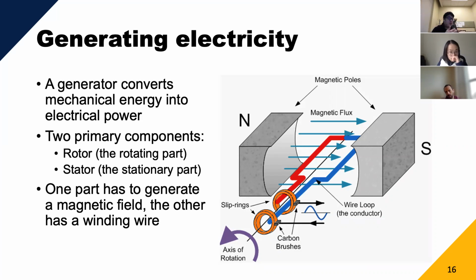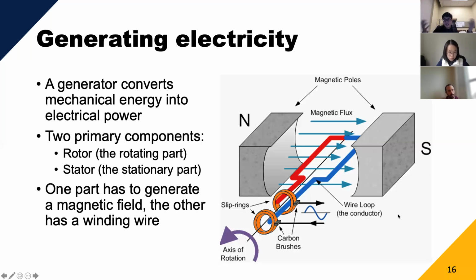You can do it in reverse as well, which is exactly what a motor is. So a generator and a motor are the same thing, but going in opposite directions. You can spin the loop to produce a magnetic field, or you can spin the loop within the magnetic field to produce the current.